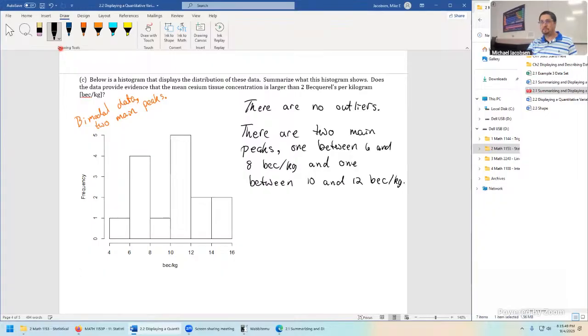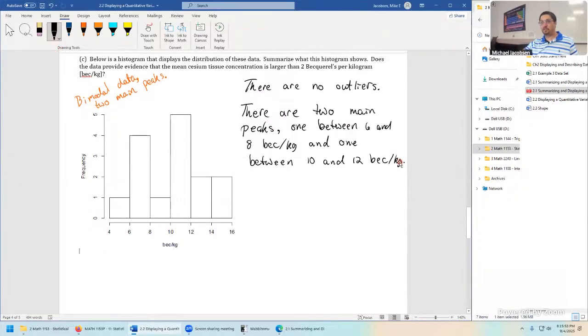Again, really pretty bizarre unit. We look into weird units in statistics, kind of par for the course. Aside from that, you could say a lot of other things. You could say the data ranges from 4 becquerels per kilogram up to 16. You might say the most typical value seems to be around 10 becquerels per kilogram. If you kind of glommed all the peaks together, everything seems to balance right at that point.